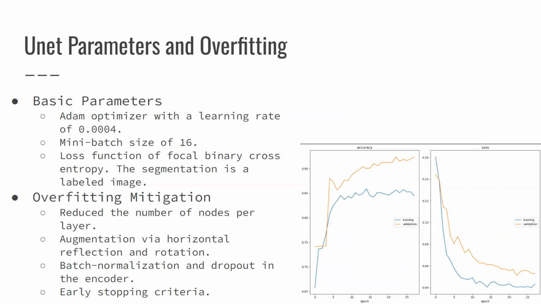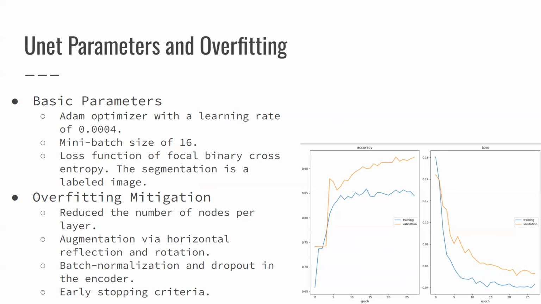So how did I mitigate this overfitting? I reduced the number of nodes per layer, so I shrunk the size of the model down. I augmented the training dataset images and masks by horizontally reflecting and rotating images semi-randomly. I batch normalized the training images and masks in the encoder.